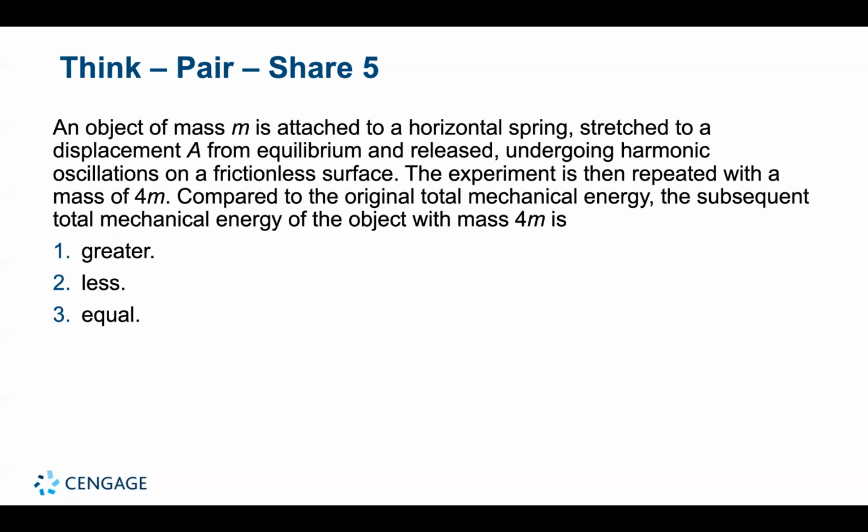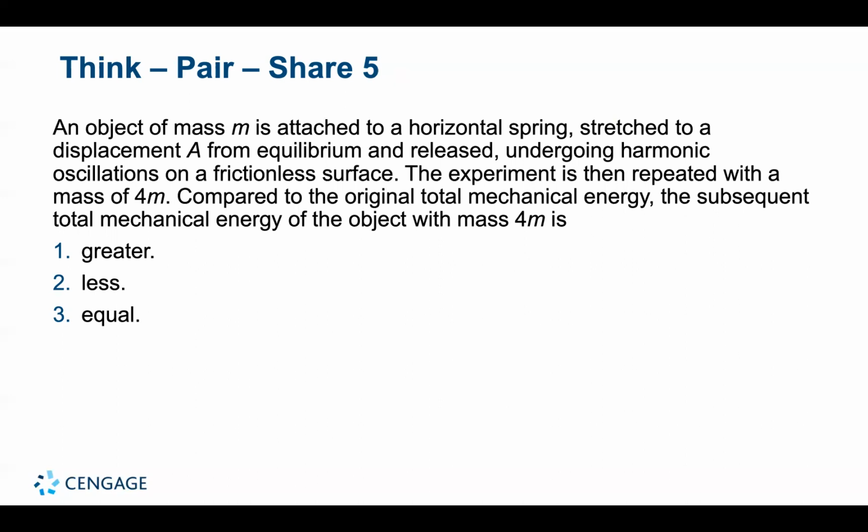So here's another one. An object of mass m is attached to a horizontal spring, stretched to a displacement A from equilibrium and released, undergoing harmonic oscillation on a frictionless table. The experiment is then repeated with a mass of 4m. Compared to the original total mechanical energy, what is the subsequent mechanical energy of the object of mass 4m?